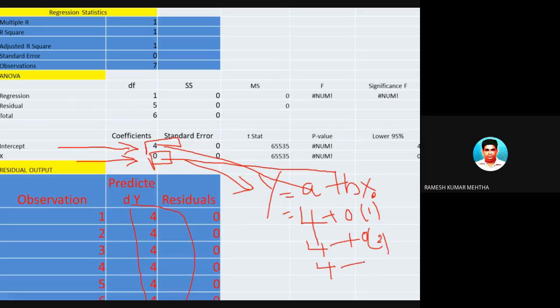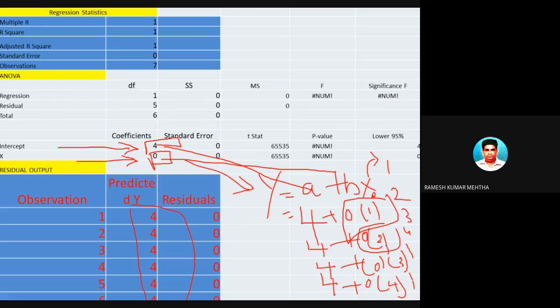The third case is 4 plus 0 into 3. The fourth case is 4 plus 0 into 4, because x is the number of hours, and it is changing from 1 to 2 to 3 to 4. So I am plugging in these values. These terms are 0, this is 0, this is 0, this is 0. Ultimately, you will be left with y is equal to 4 in all the cases.